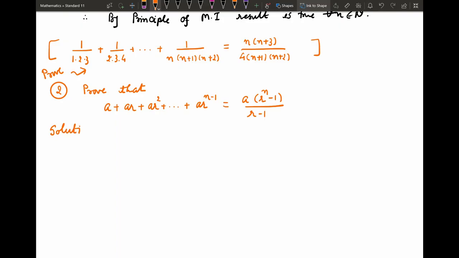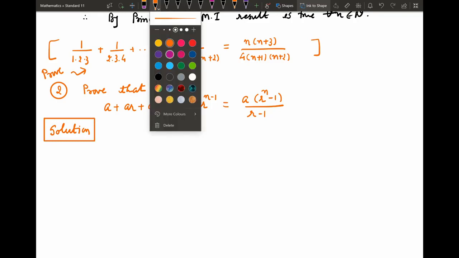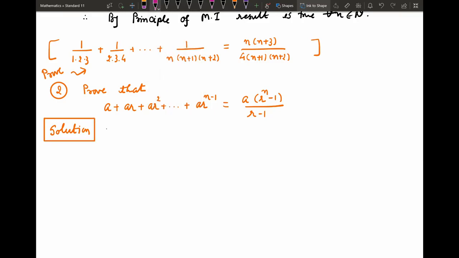So let us prove this result by principle of mathematical induction. So let we denote given statement by P of n.